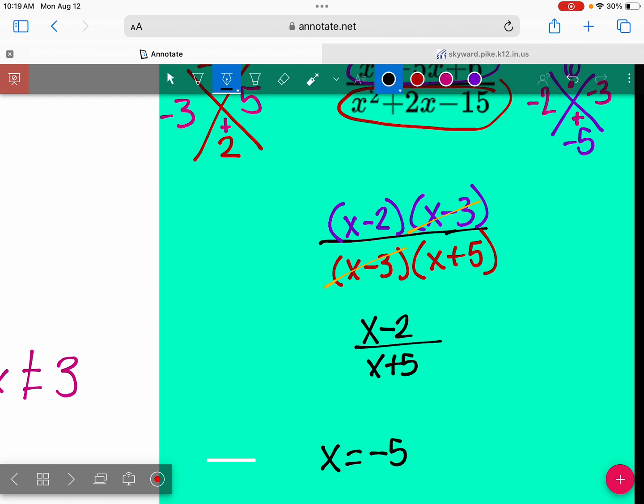So this also is a part of our domain restriction. Just because it canceled out means it doesn't shift our graph all that much, but this is where we have that removable discontinuity, the holes. They still cause a problem with our domain restriction. So x cannot equal negative 5 and x cannot equal what? What would cause our problem in the other factor? 3.